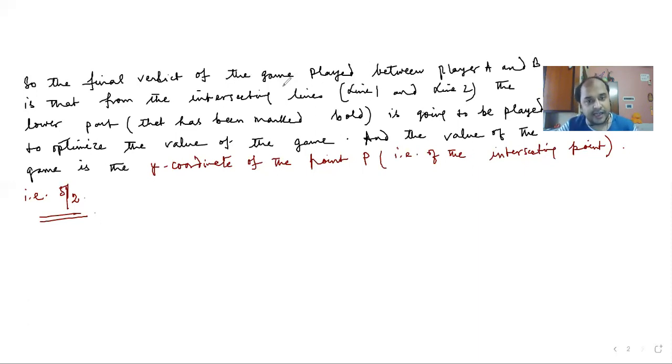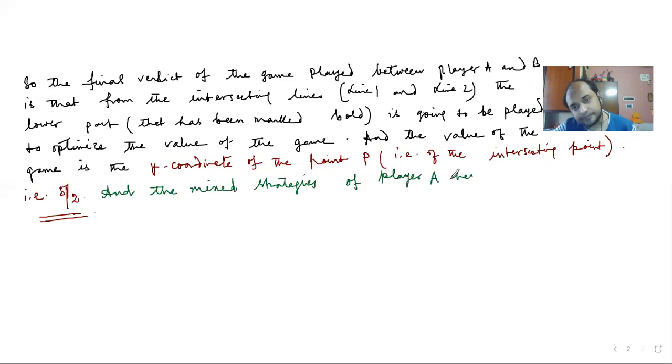And what are the mixed strategies of player A? The mixed strategies of player A here are x, which is given as follows: 1/4 and 3/4.